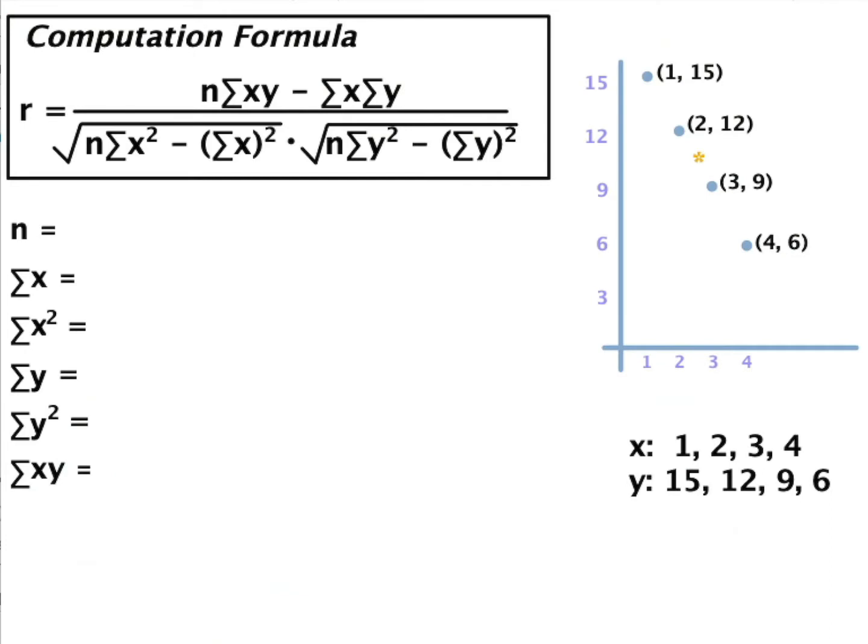That formula was kind of cumbersome, and this one looks even worse, but it's supposed to be a little bit easier. Again, n is 4, since we have 4 x's and 4 y's. We can use that one variable stats to figure out what our sigma x and sigma x squared are, remember?